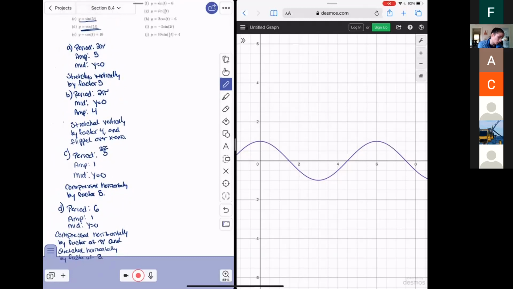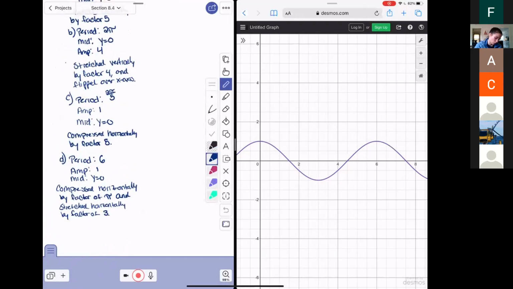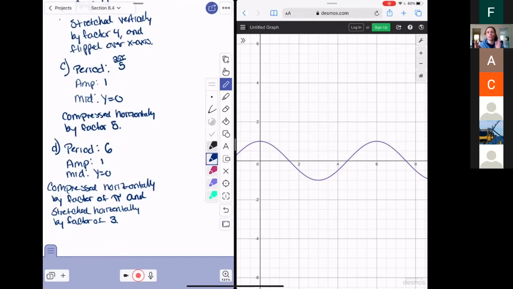Because we're multiplying by pi and dividing by 3. So we could just go ahead and split it up into two horizontal scales, if that makes sense to you guys. Any questions there?